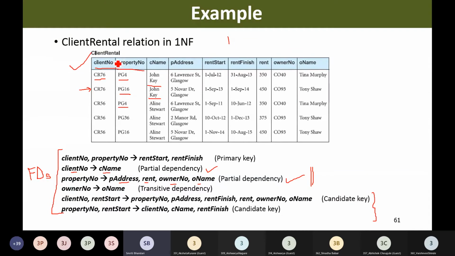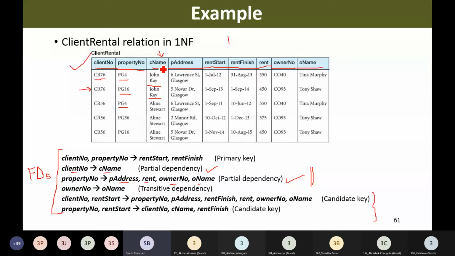So this is my primary key, client number, property number. But if we only consider client number, these two attributes are determining all remaining attributes of my table. And that is why we are saying that client number, property number is my primary key.